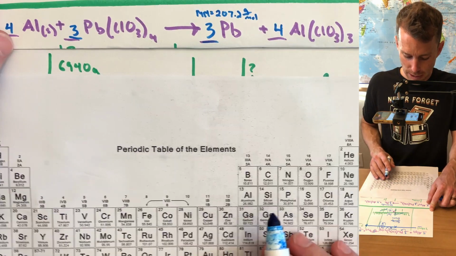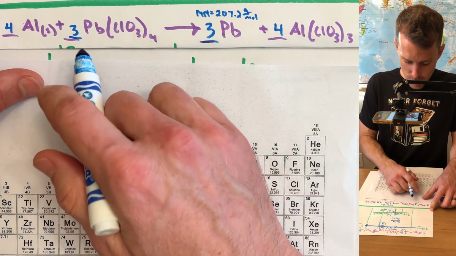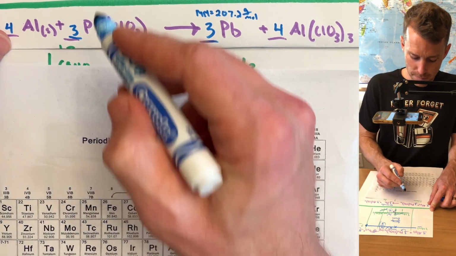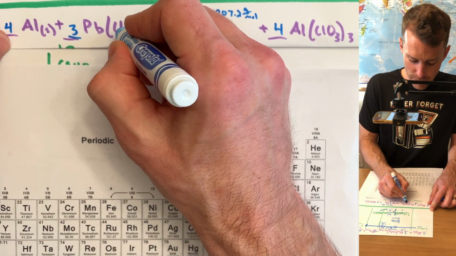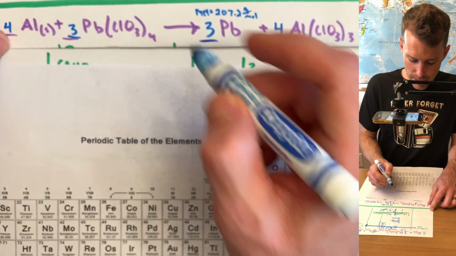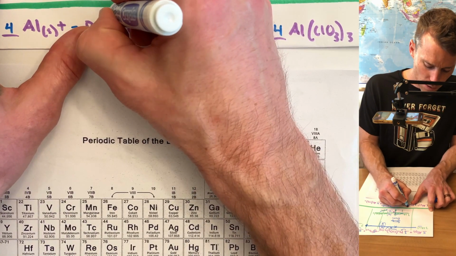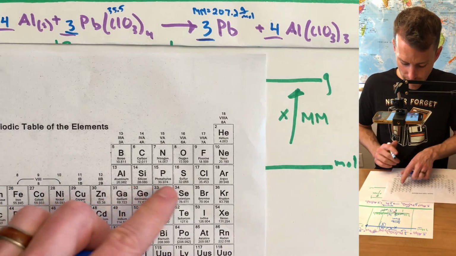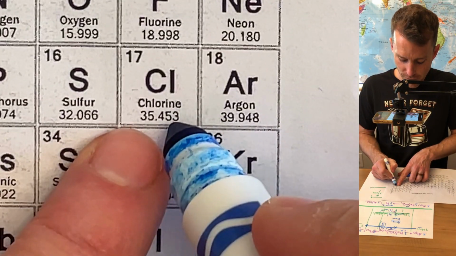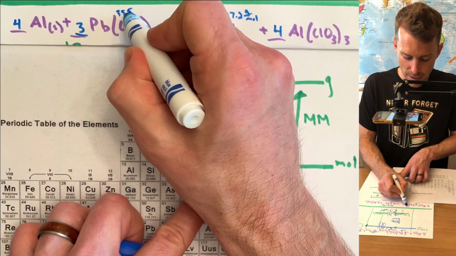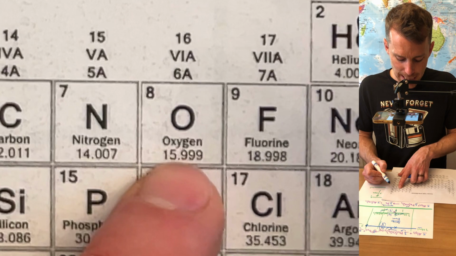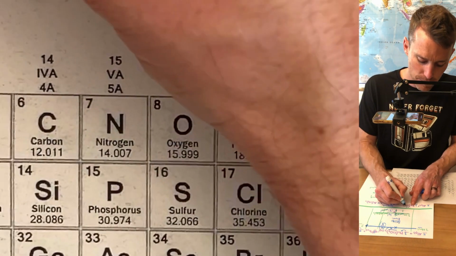chlorate. So lead is our 207. We wrote that down here, 207.2. Chlorine is 35.5, and I'll jot that down, 35.5. And that was right here, 35.45, which rounds to 35.5. And then oxygen is 15.999, which will round to 16.0.